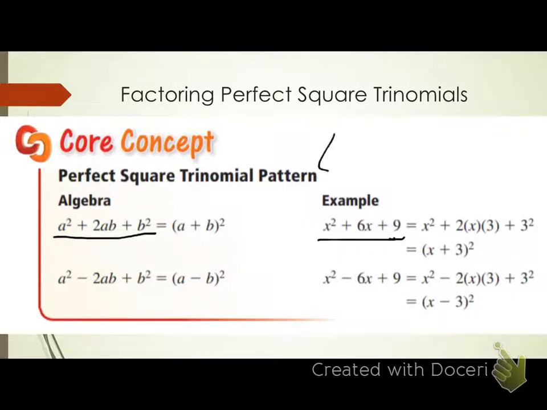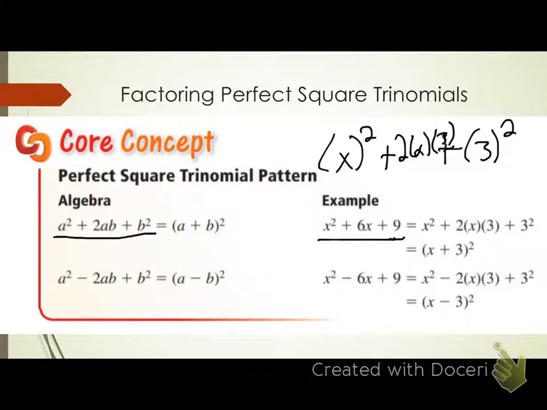X squared is just x to the second power. 9 is 3 to the second power. So this middle part would be 2 times my a value, x, times my b value, 3. So that'd give me x squared plus 6x plus 9, which is what I have right there.